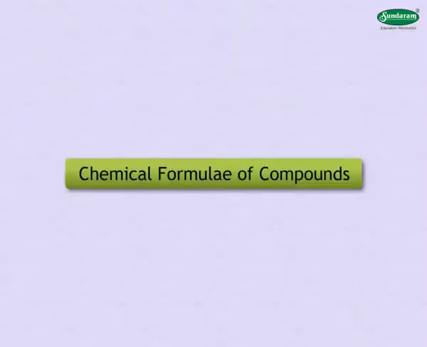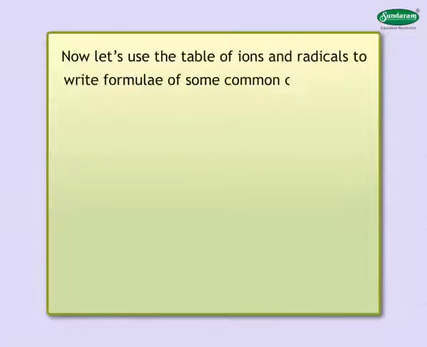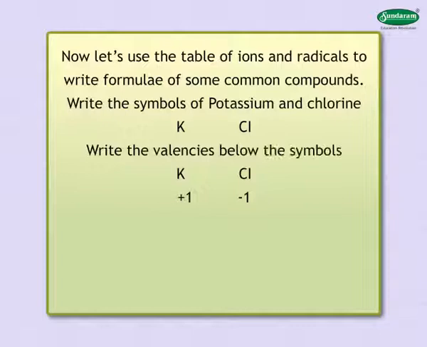Chemical formulae of compounds. Students, now let us use the table of ions and radicals to write formulae of some common compounds. To write the formula of potassium chloride, first write the symbols of potassium and chlorine. Then write the valencies below the symbols.